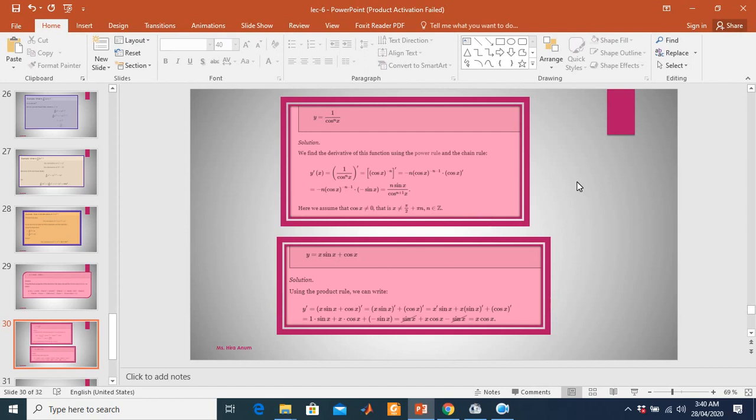Now we have another example, y equals x sin x plus cos x. We are taking the derivative using the product rule for x sin x, plus the derivative of cos x, which is minus sin x.